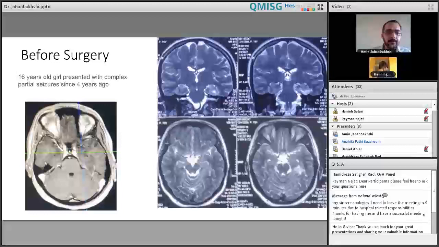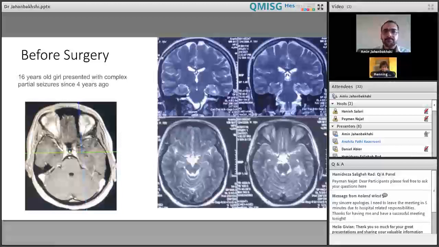So this is a challenge to decide if we can follow this lesion, or I have to perform surgery, and after surgery, what should I do? Radiotherapy or something like that.